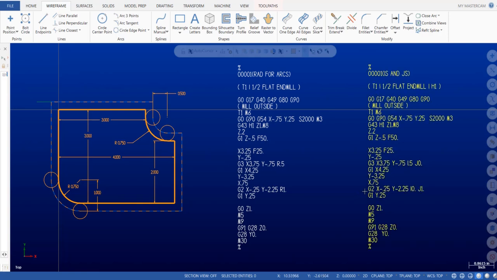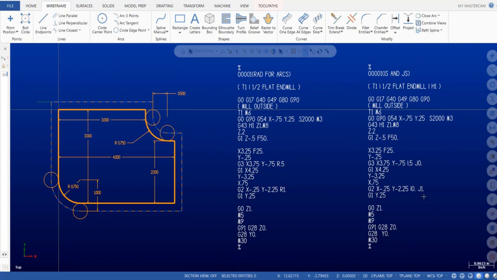In the program on the right, the G2 and X minus 0.250, Y minus 2.250 are the same. We just learned that I is the distance in X incrementally from the center of the tool to the center of the radius. Well, X would be left and right, and we're right in line with the center point of that radius, so that would be a 0.